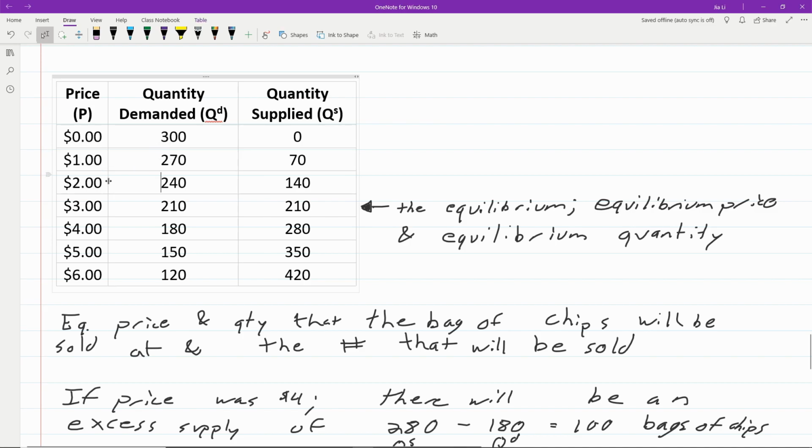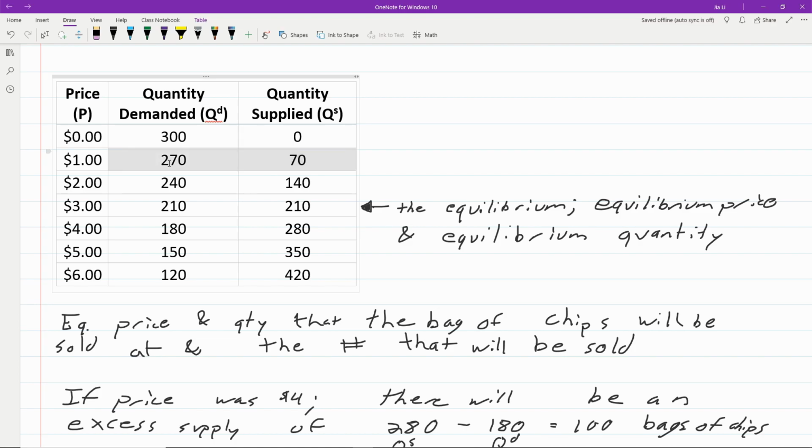Let's check. If a store lowered the price to $1, well, then quantity demanded becomes 270, which is bigger than before, which makes sense because of the law of demand, right? Lower price means people want to buy more of a product. But when the price is so low, the store doesn't see much of a profit margin, so they don't invest in that many bags of chips. They would rather invest in other products that they can sell in order to make a bigger profit margin. So here, they only want to buy 70 bags of chips.